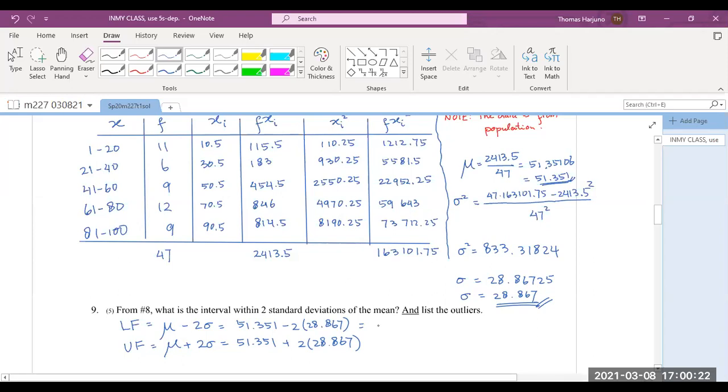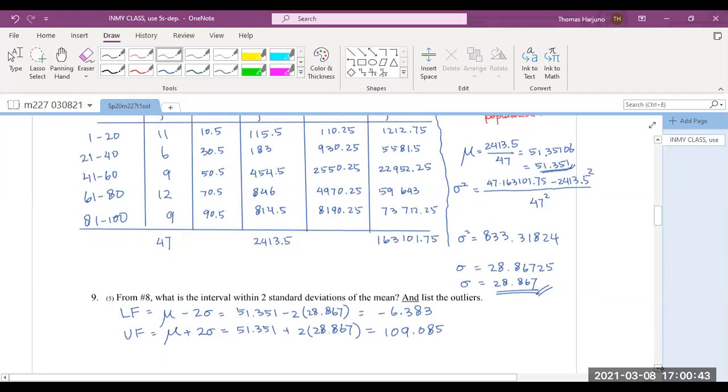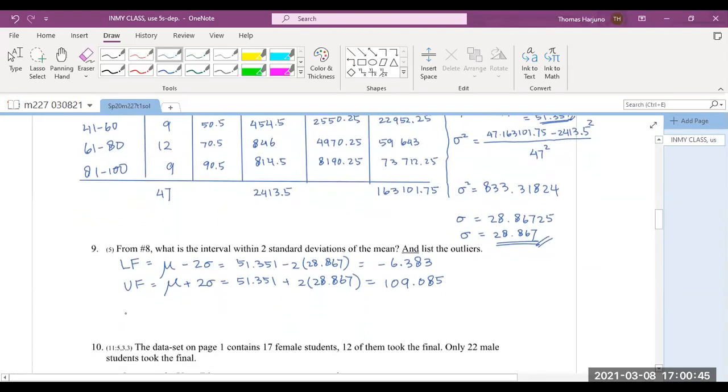I get negative 6.383. That's for the lower fence. The upper fence, I get 109 something. So the usual interval is from negative 6.383, nobody gets negative, right?